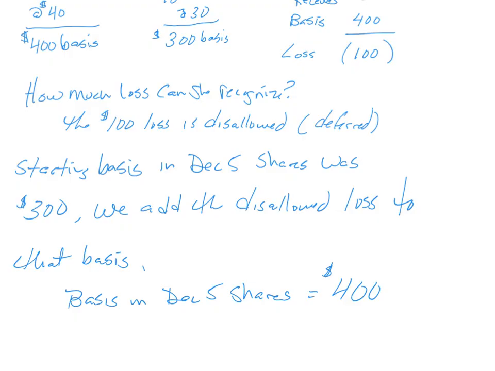What did that do? That essentially deferred the loss, because now when she sells those shares outside of the wash sale rule window, she gets the use of that loss. That loss increased her basis, so it's going to reduce her gain or potentially increase her loss down the road. So the loss is not gone forever. It's really deferred. Those are the wash sale rules.